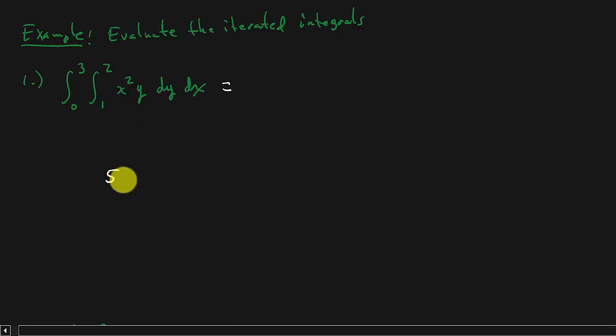Well, what if we had 5y? Pretend like this 5 is this x squared. So what would be the integral of that? Well, that would be 5/2 y squared, right? That's all it is. So you're treating this x squared like this 5. Don't try to make this complicated, because it's really not.